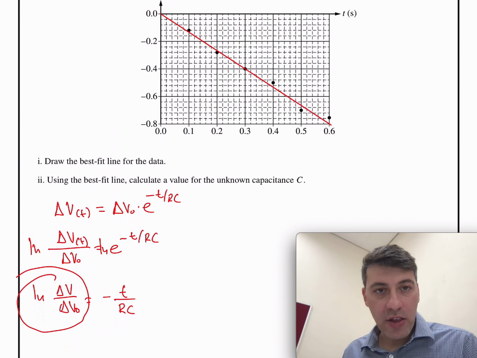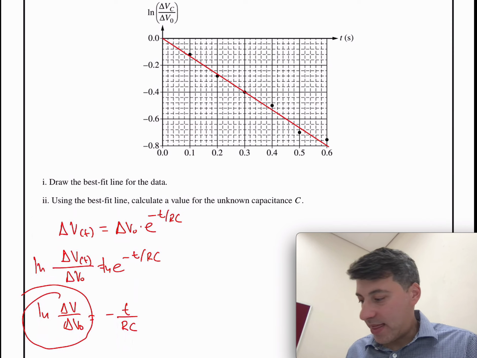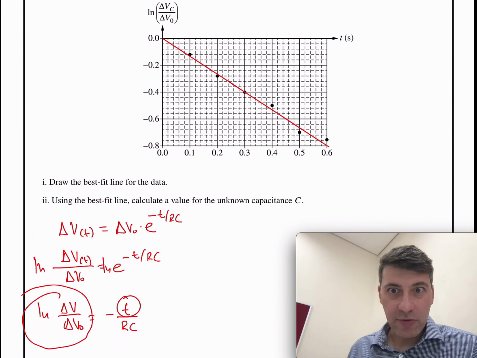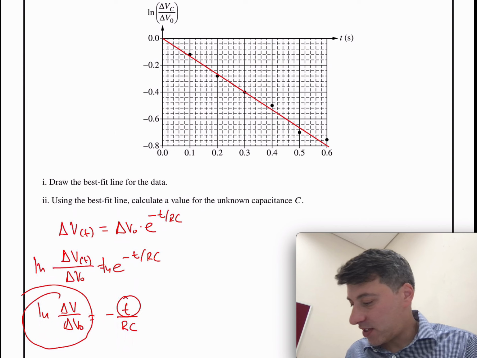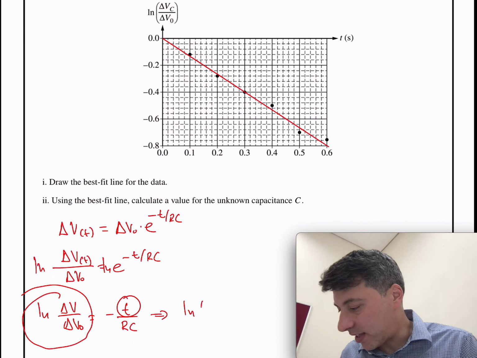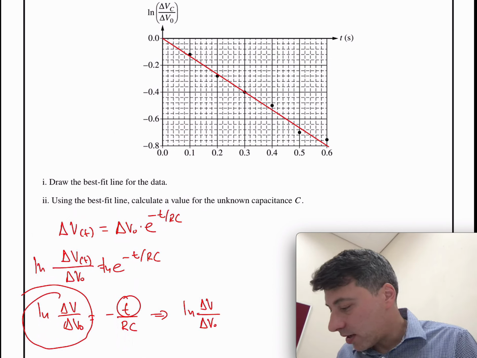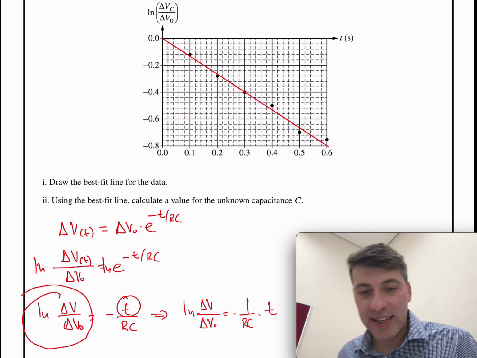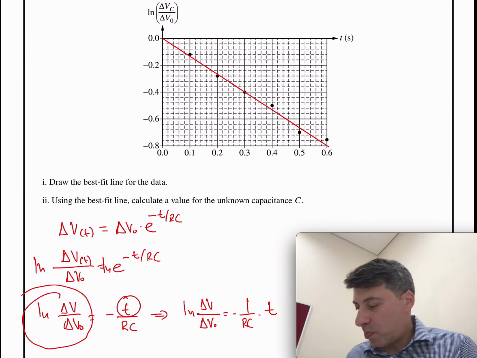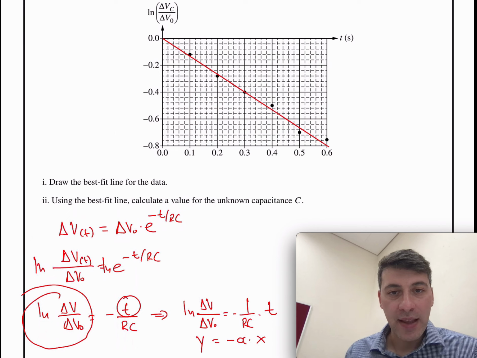So what we get is our value on the y-axis, which is the ln, the value on the x-axis, which is the t, and the coefficient. So this becomes ln of delta V over delta V0 equal to minus 1 over RC multiplied by t. More or less we have a linear relationship, y is equal to a coefficient times x.